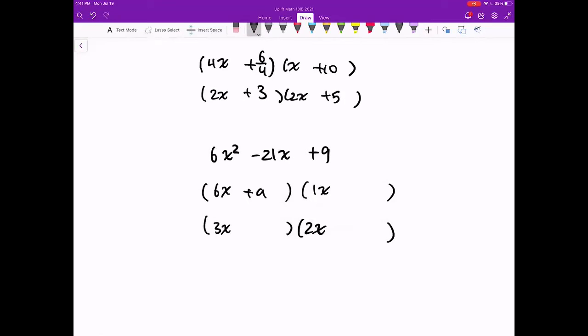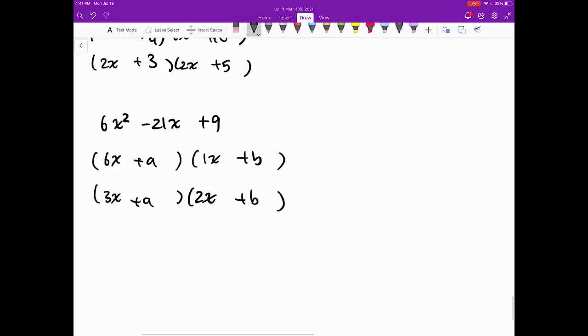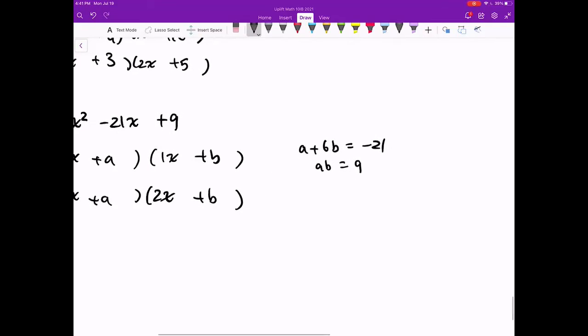So we have plus a plus b, plus a plus b. In our first form, we have a plus 6b is equal to negative 21 and ab is equal to 9. Are there any possible solutions?